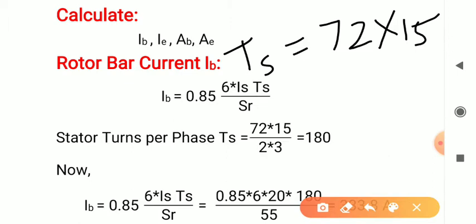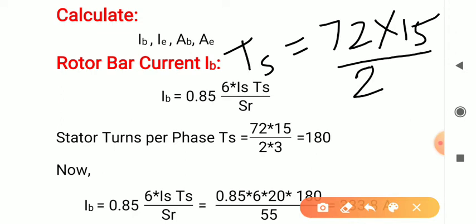These are the total number of conductors of the stator winding, and we know that every turn has two conductors. So the total turns in the stator winding become 72 into 15 divided by 2.